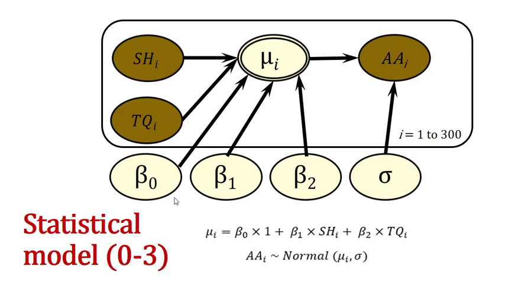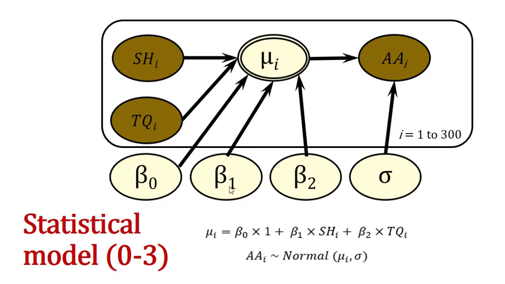Now for model 1, we fixed only beta 2 to 0. So basically it will calculate the value. So it combines beta 1 with SH, but TQ is not taken into account. Model 2 is the other way around.